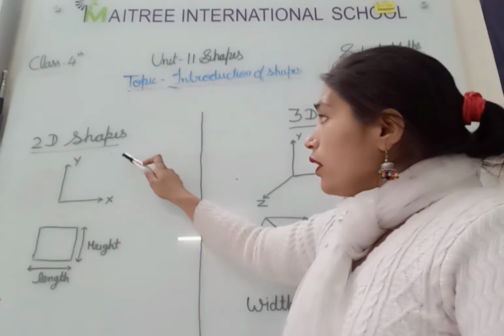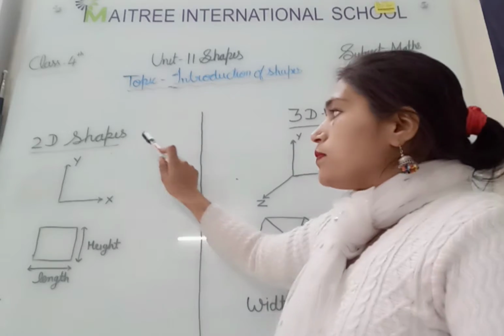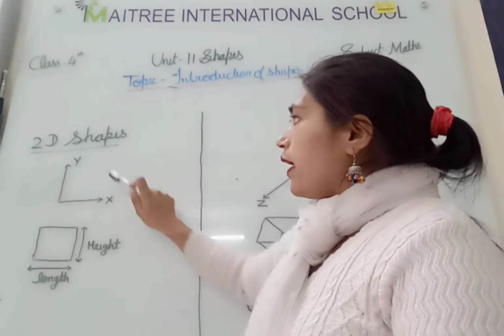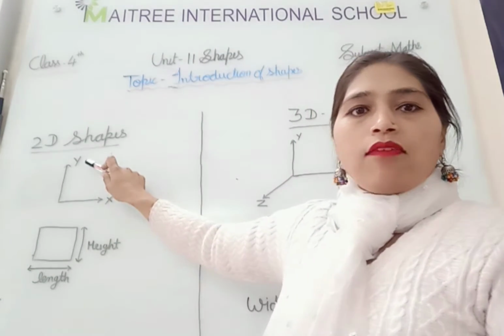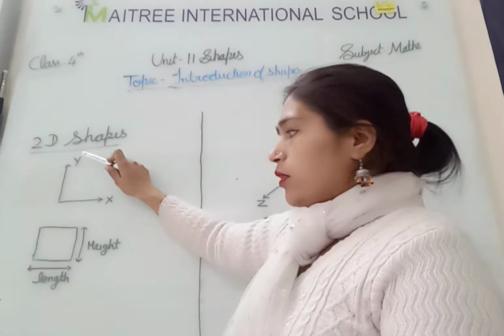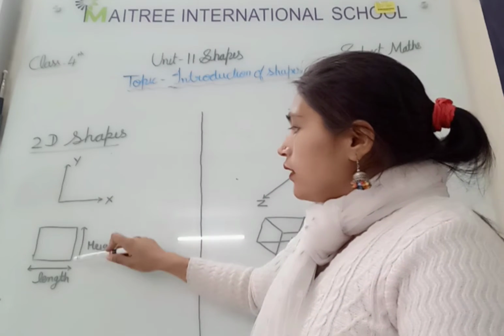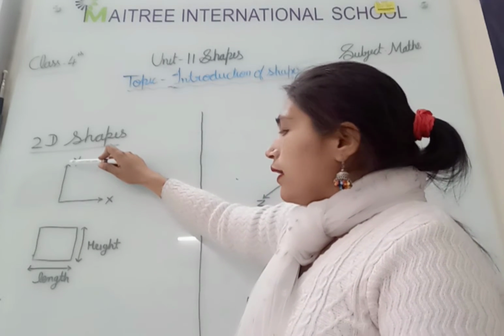See here. 2D shapes means 2 dimension shapes. There are 2 dimensions, x and y. In a 2D shape we have only 2 dimensions, the x dimension and the y dimension. The x stands for the length, and the y dimension tells us the height.